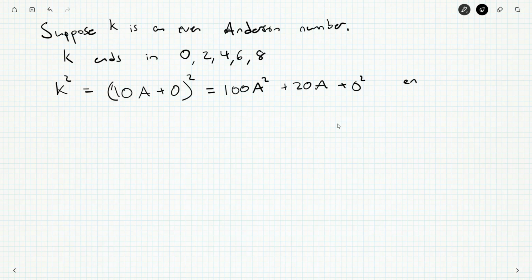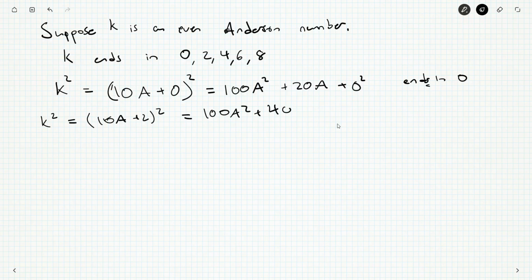Well, this ends in a 0. Hurrah! So that's some useful information. Now k equals 10a plus 2, squared, well, that's going to be 100a squared plus 40a plus 2 squared, which is 4. But that's going to end in a 4, not a 2. So no Anderson number can end in a 2.